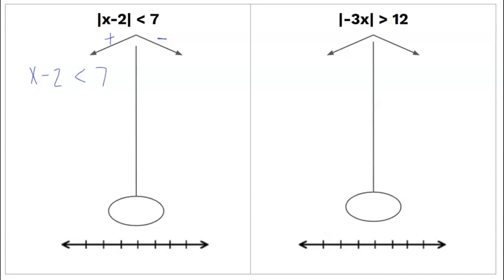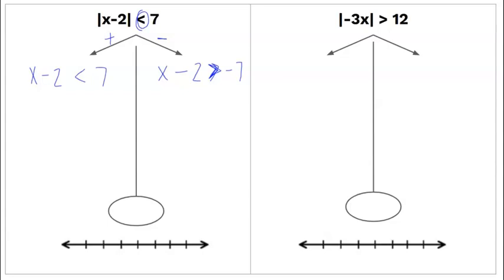Now with our negative case, we are going to have one change. We're still going to do x minus 2, and we're still going to make that 7 negative. However, now that we're dealing with an inequality, we're going to have to flip that inequality. Instead of being less than 7, we're going to make that greater than negative 7. So that's the one change here.